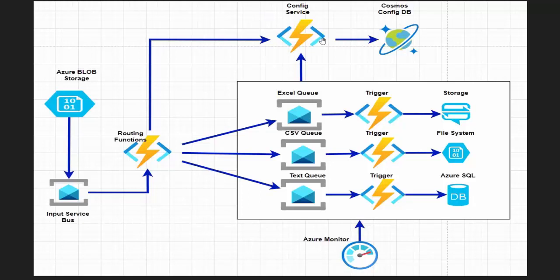There is also one service called the config service, which will read all the information from a Cosmos DB database. The routing function and all these components will use this config service. Azure Monitor was also used to monitor all the activities of the system.